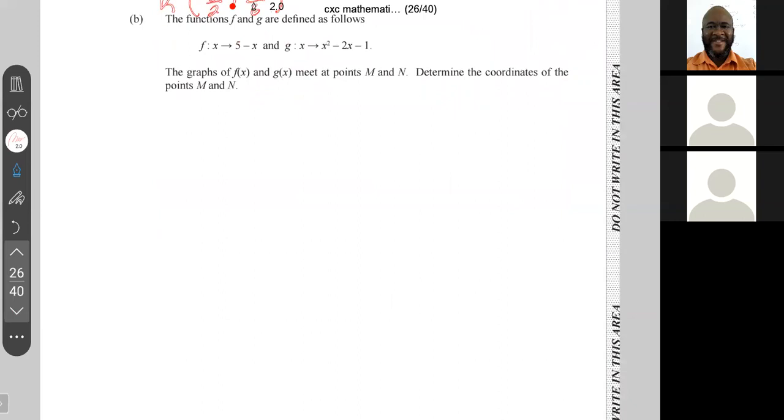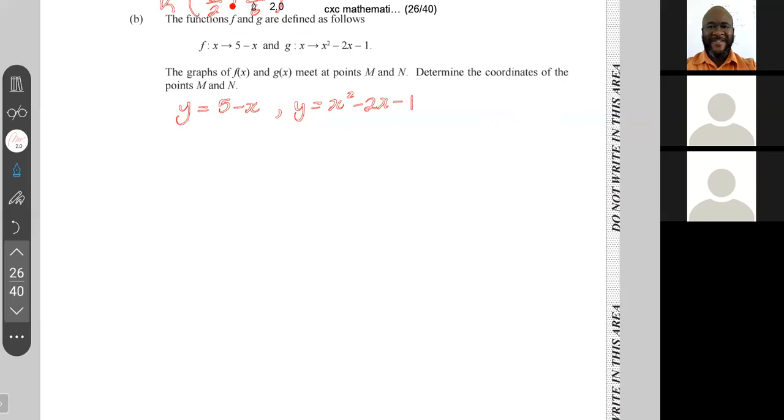All right, guys, here's what we're going to use. So we have two lines: y is equal to 5 minus x, and y is equal to x squared minus 2x minus 1. Remember, we want the point of intersection of these two graphs.